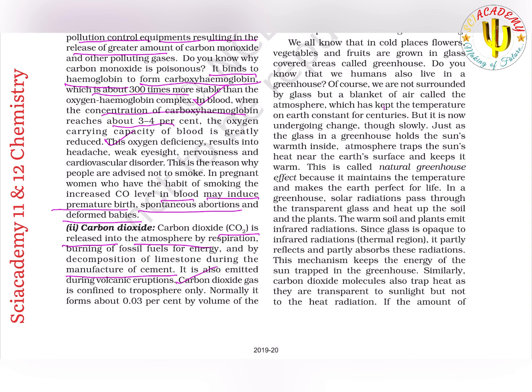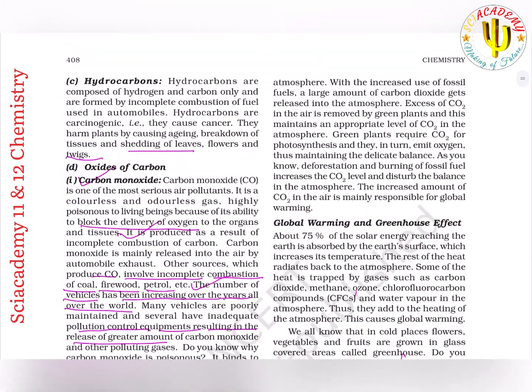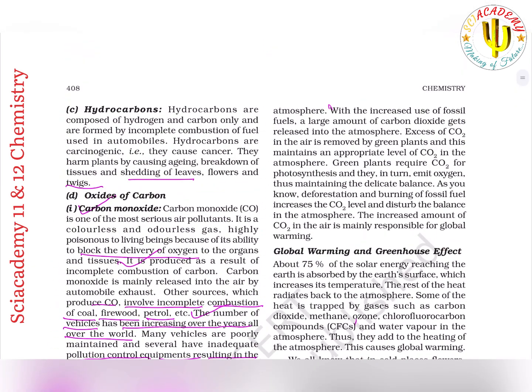Carbon dioxide gas is confined to the troposphere only. Normally, it forms about 0.03% by volume of the atmosphere. With the increased use of fossil fuels, a large amount of carbon dioxide gets released into the atmosphere.